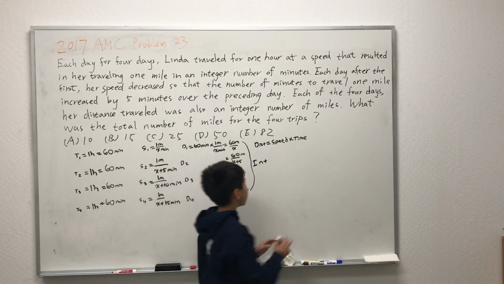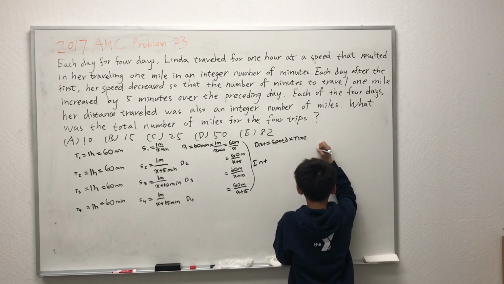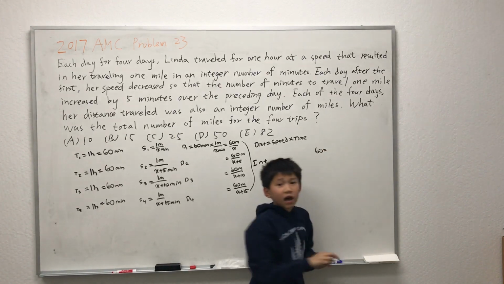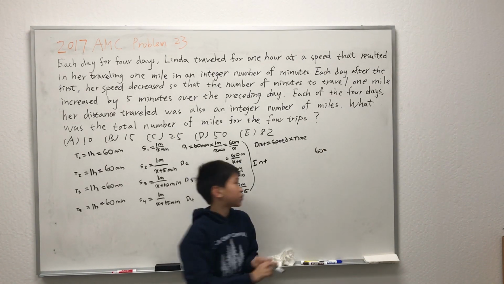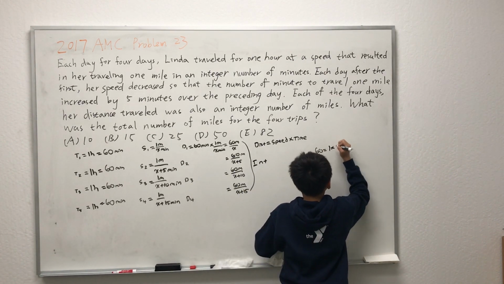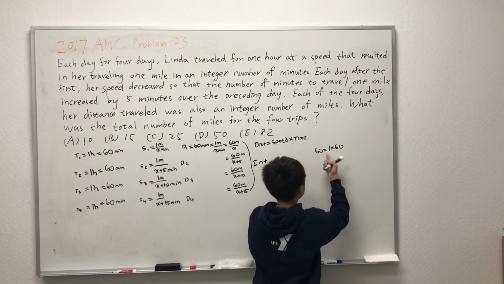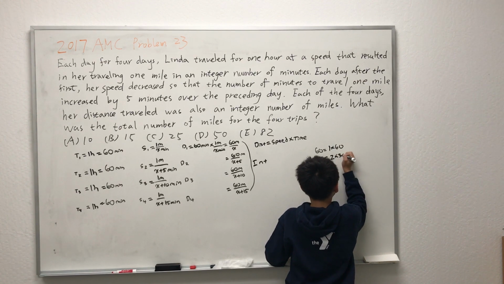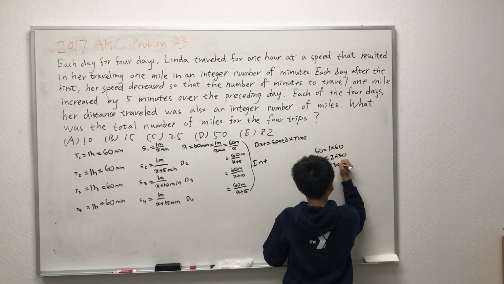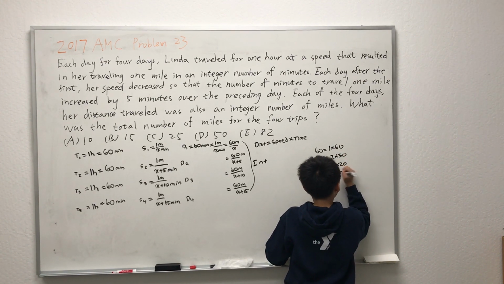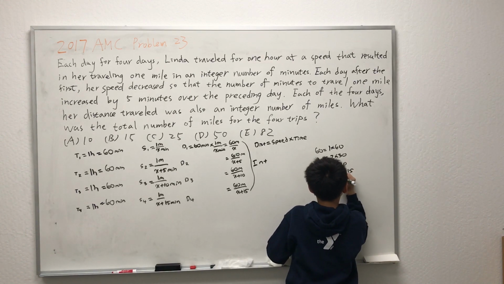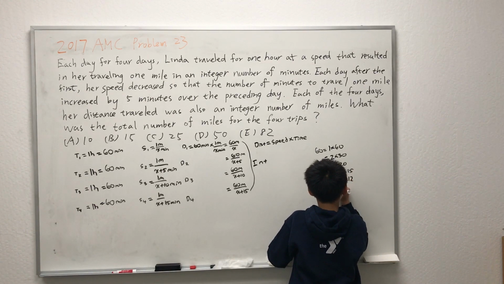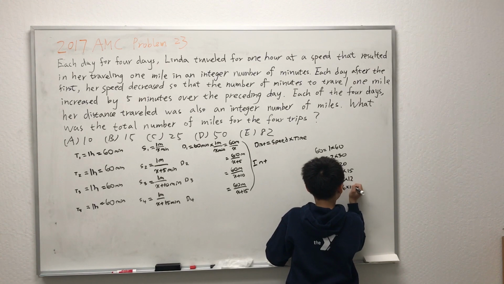To do this, we'll list out all the factors of 60. I have an easy way to do this. We start with 1, and what times 1 will equal 60? 60. Same thing for 2: 2 times 30 equals 60. You go on: 3 times 20, 4 times 15, 5 times 12, and 6 times 10.